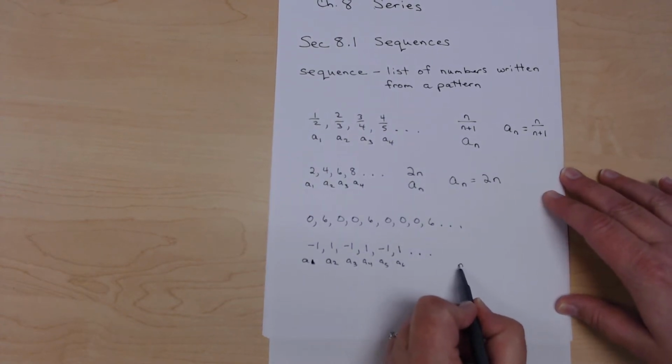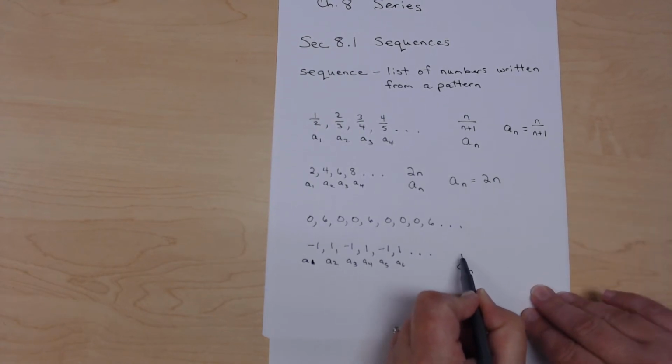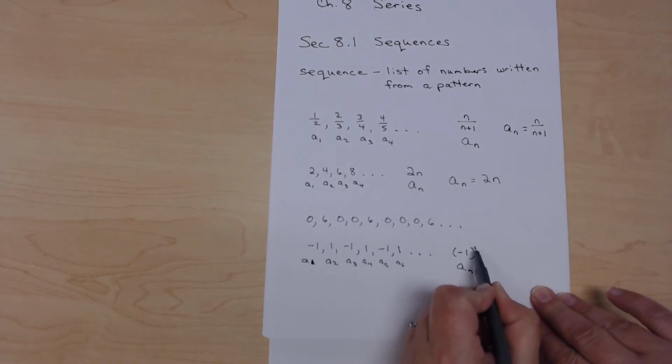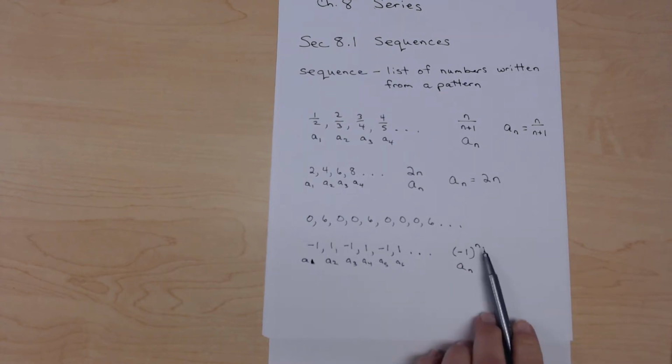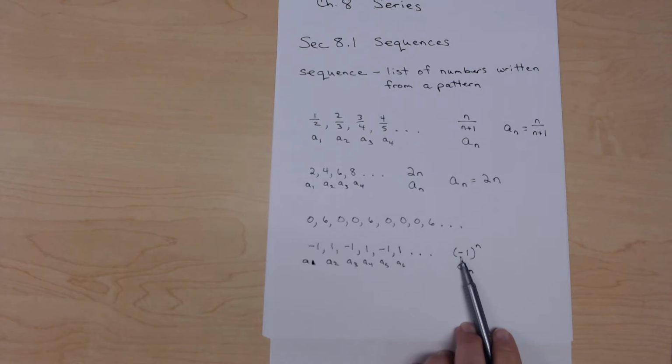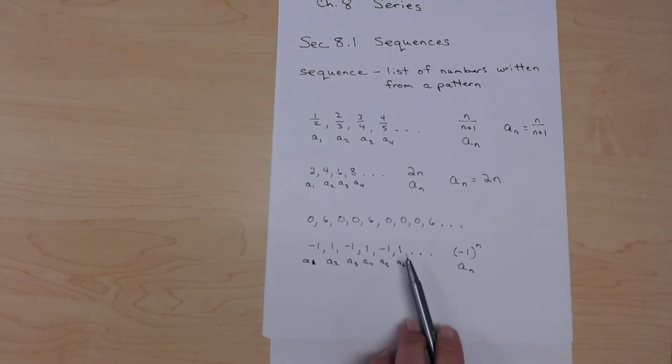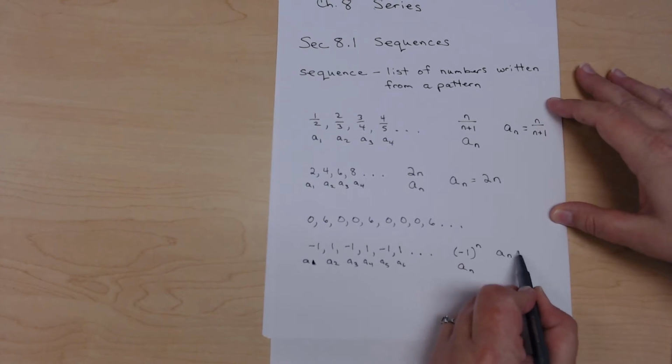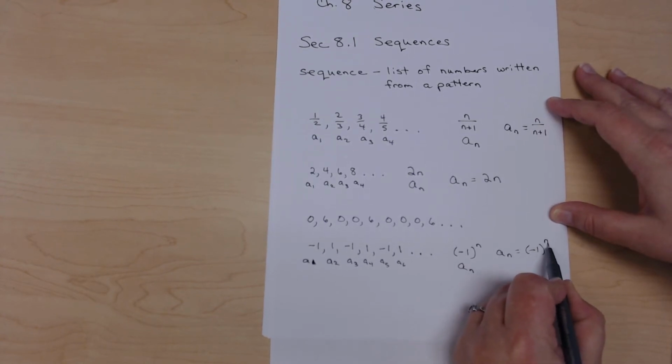So we could write a sub n and do -1 to the n. If it's odd, it'll stay negative, and if it's even, it'll go positive. That works perfectly. So we would write a sub n equals (-1) to the n.